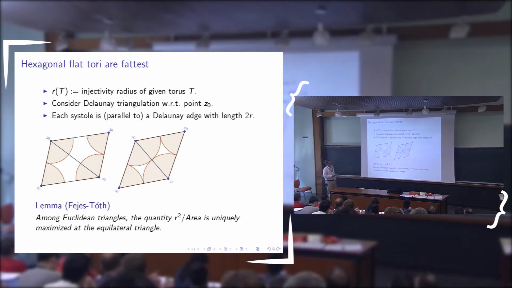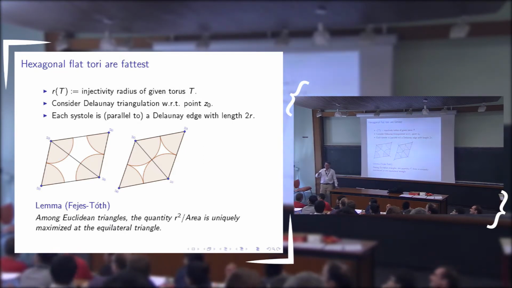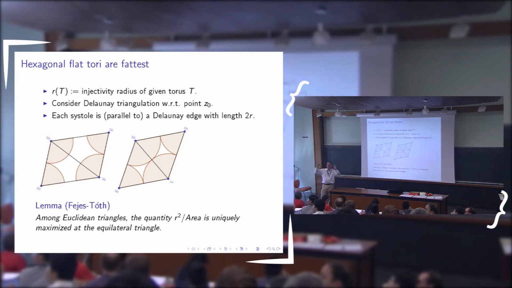I look at the Delaunay triangulation. Remember, does everyone know what the Delaunay triangulation is? There must have been a course about this, right? No? There was no course? Okay. So the Delaunay triangulation is: you take the Voronoi decomposition, that is, look at all the points that are closest to a given cone point, closer than any other cone points.